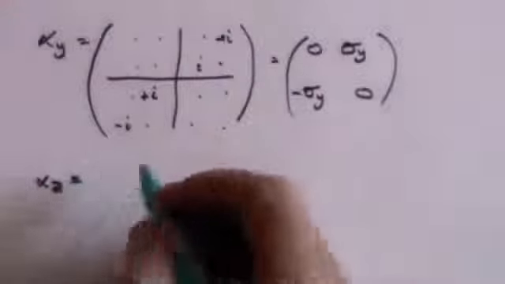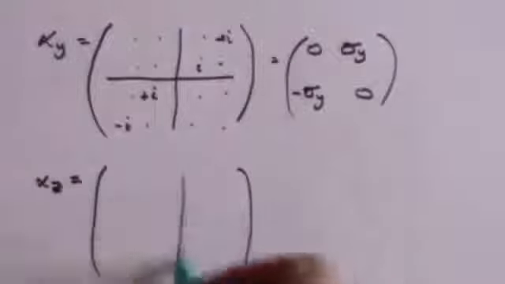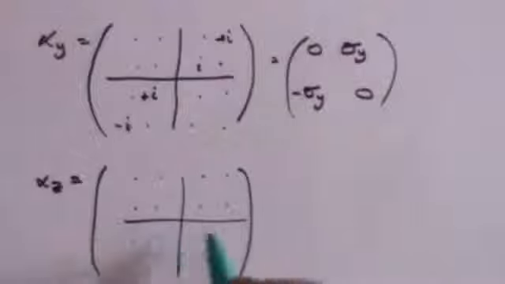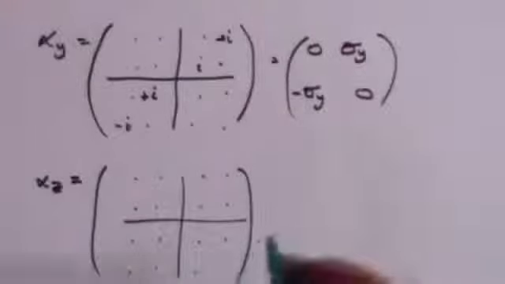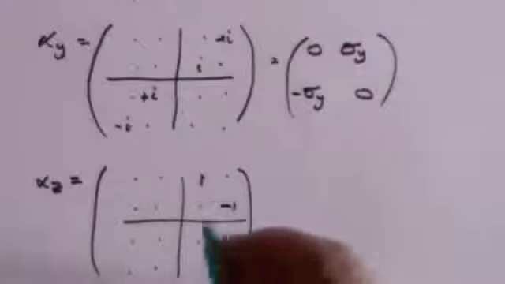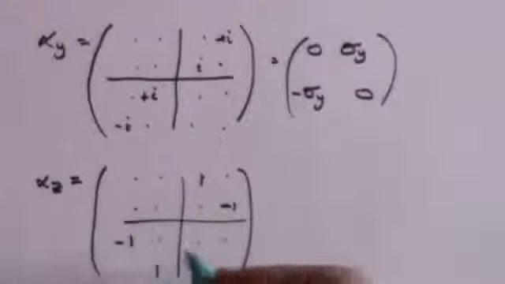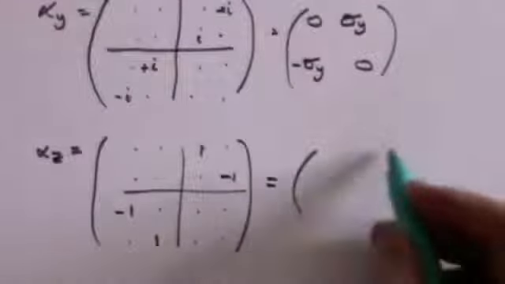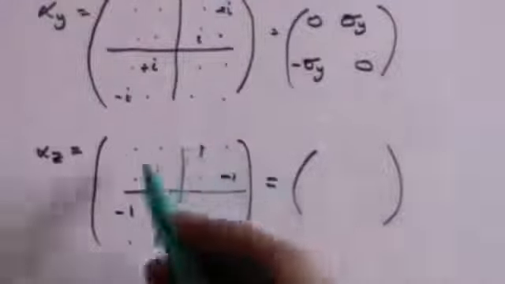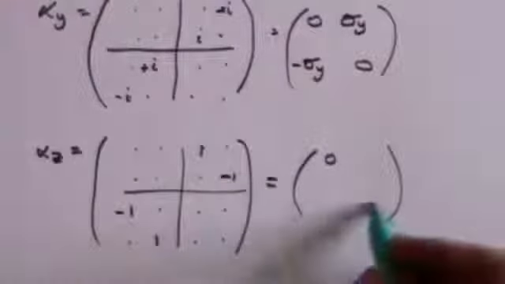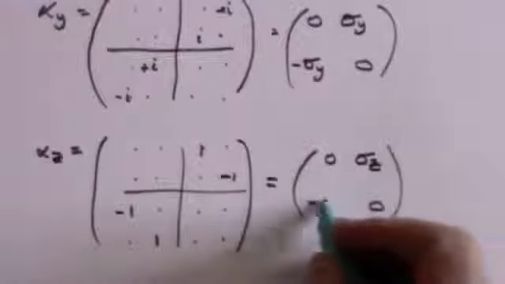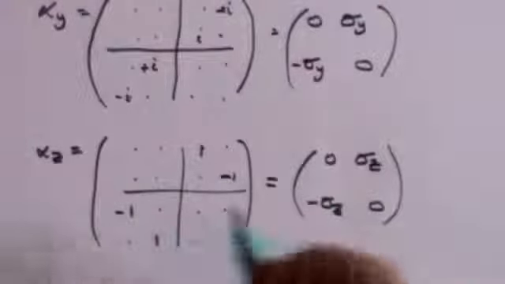So what is alpha z going to be? The Dirac matrix, 4 by 4, and alpha z is going to be 1, minus 1, minus 1, plus 1. If you represent it in the same form as before, top left hand corner 0, top right hand corner 0, this is now sigma z, and this is minus sigma z.